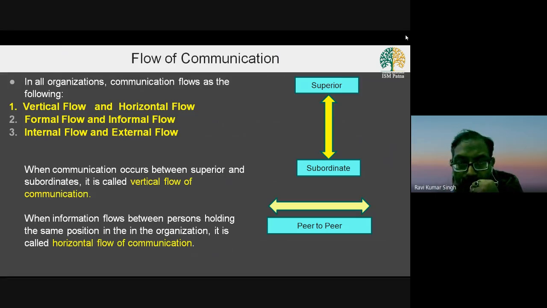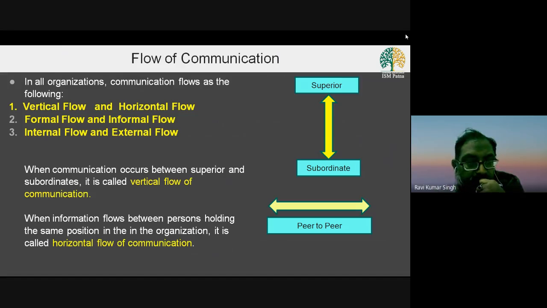Mostly the superior or bosses give instructions to the subordinate, and the subordinate gives the feedback, submits the reports. This kind of communication is known as vertical communication.